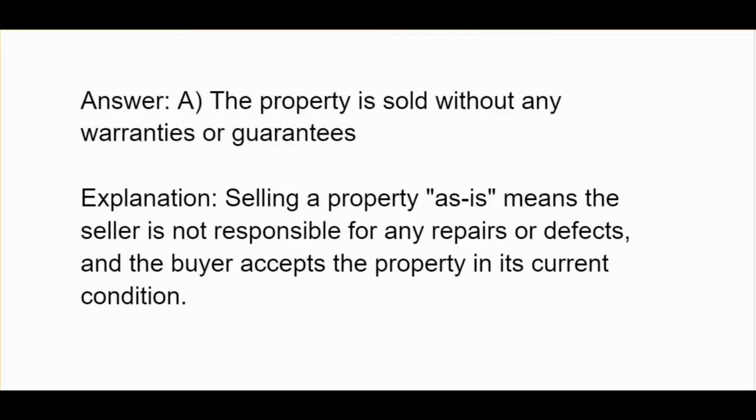A, the property is sold without any warranties or guarantees. Selling a property as is means the seller is not responsible for any repairs or defects, and the buyer accepts the property in its current condition.